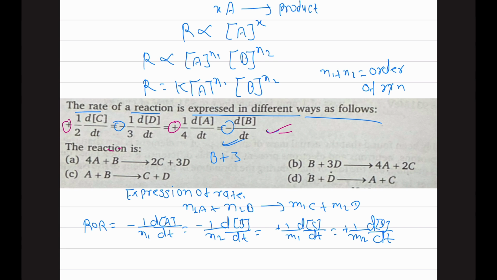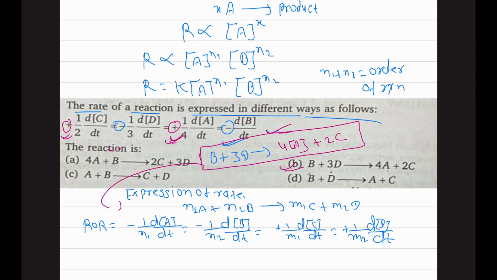So I can write 3D gives, for the positive sign, dC by dt, and for this one I am writing 4A and plus 2C. So which option is correct? Option B is correct. For this one also you can write the expression of rate like this.